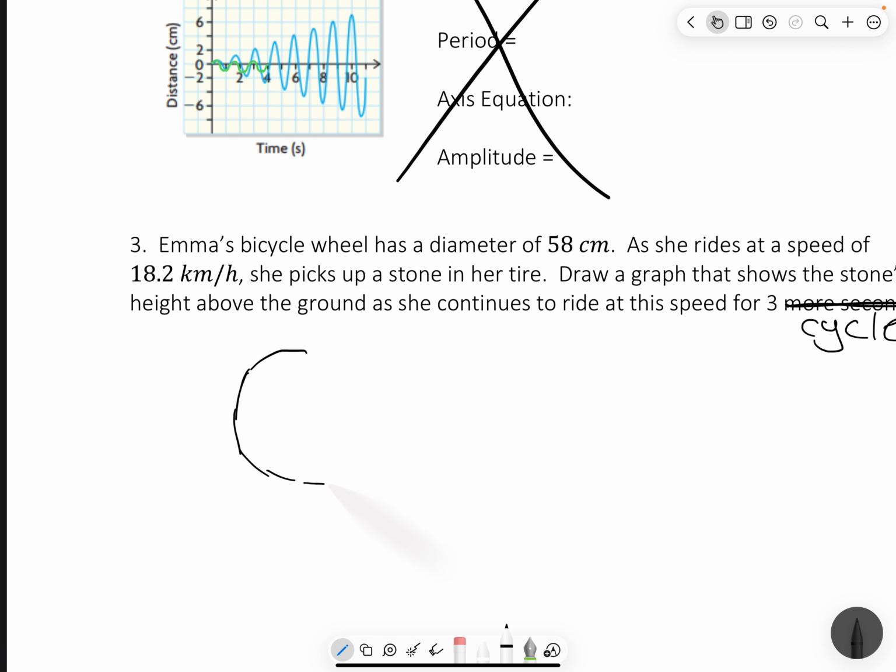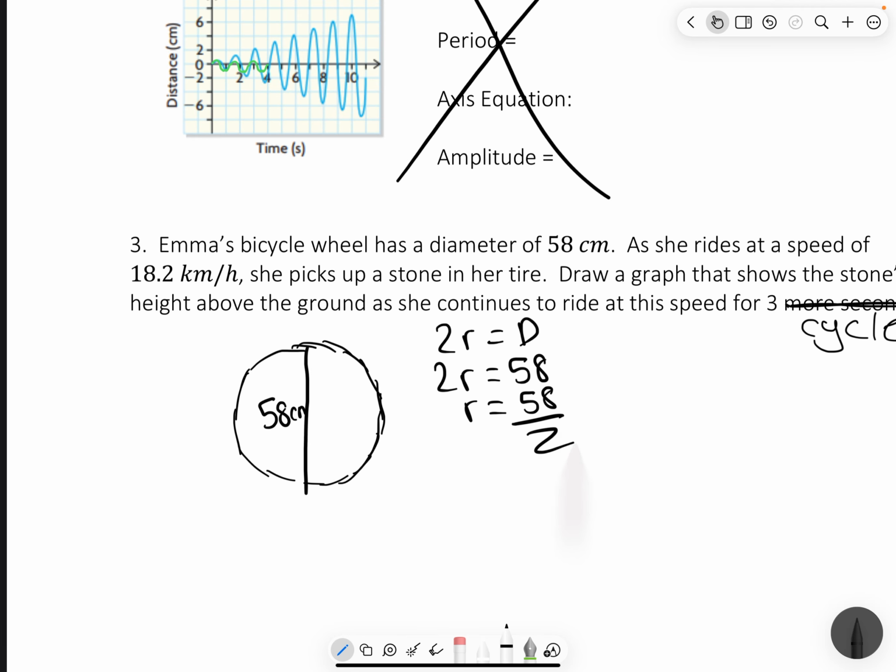So 2r is equal to 58. You do r equals 58 divided by 2, which is going to be 29. R equals 29. This becomes 29 here, and this becomes 29 here. We know the radius is 29.